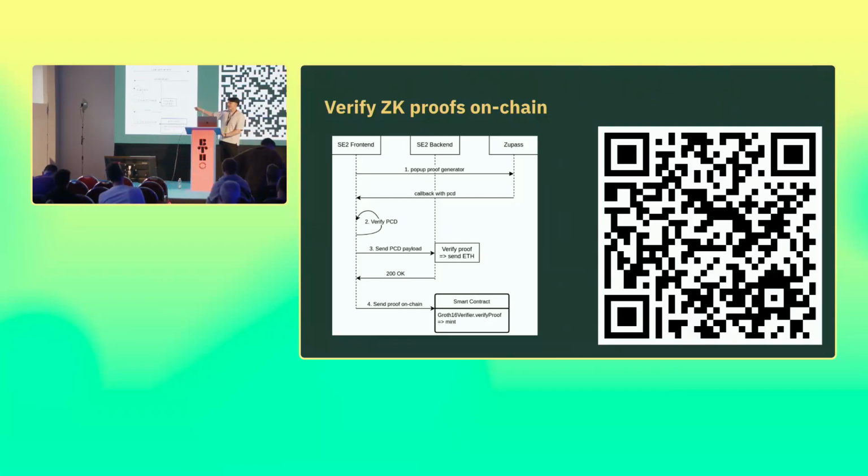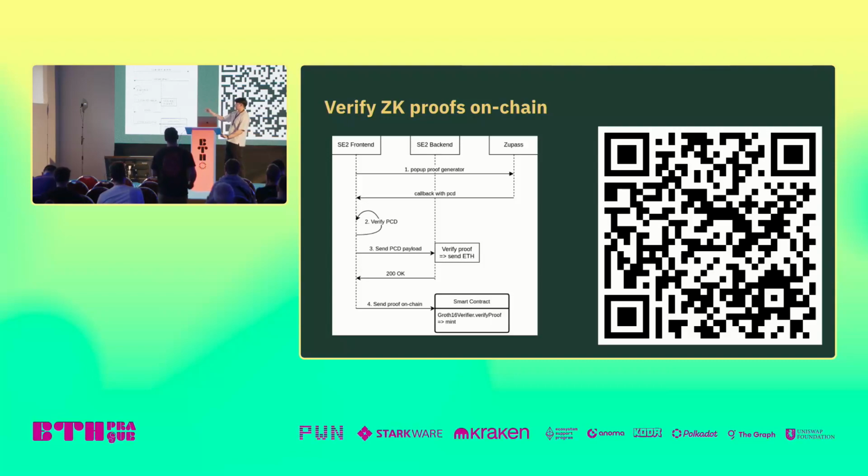Step 3, it sends the PCD, which is the name for the ZK proof, to the backend of Scaffold-ETH, where it verifies the proof, sends the ETH, and returns a 200 response. Finally it sends the proof on chain where it's verified in this big smart contract, which calls Groth16Verifier.verifyProof, and finally mints the NFT.